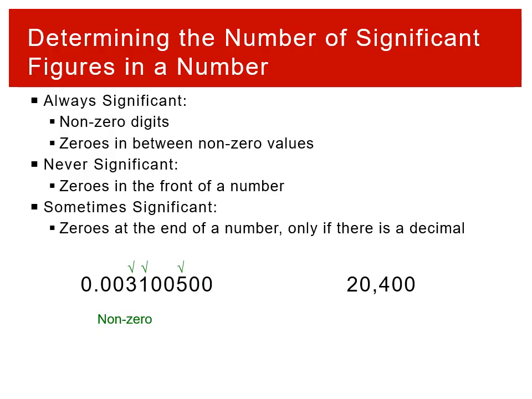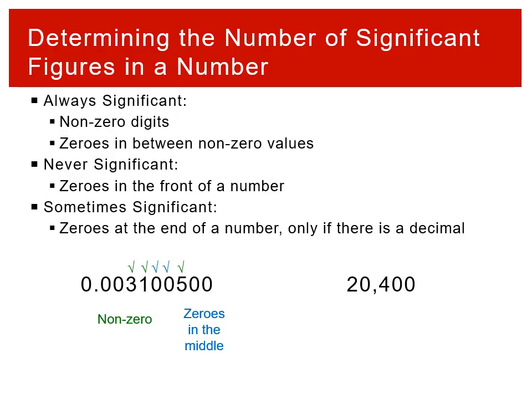That is where all of the complication comes from. When we have digits that are non-zero, 1, 2, 3, 4, 5, 6, 7, 8, 9 in a number, those digits are significant. So zeros that are always significant are the zeros between non-zero values. When I say between, I mean literally in the middle of the number.